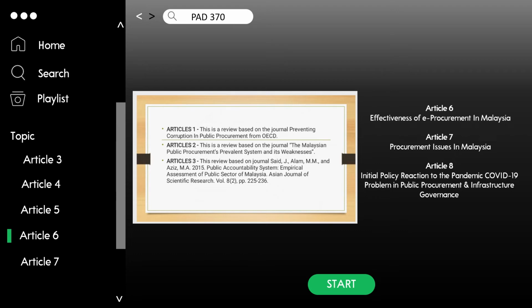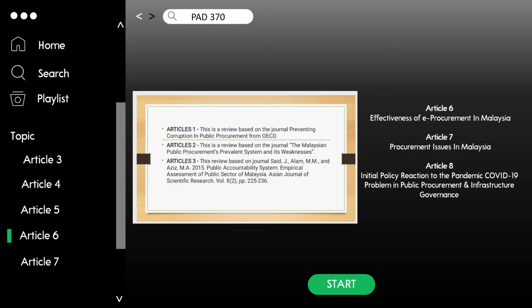The second article is a review based on the journal The Malaysian Public Procurement Prevalent System and Its Weakness. And the third article is a review of Public Accountability System: Empirical Assessment of Public Sector of Malaysia.